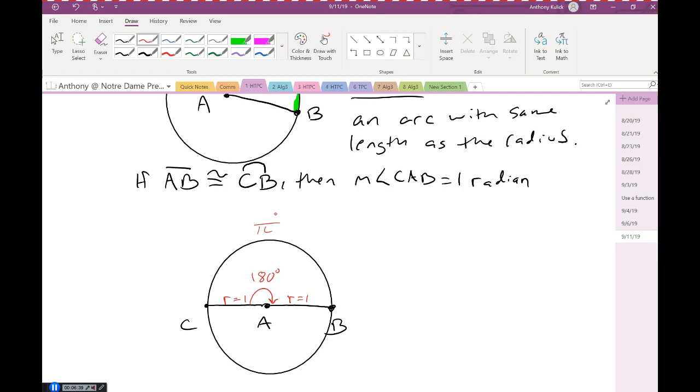So the whole circle is 2 pi. We're only talking about from C to B, so we're only talking about pi. Okay with that? So what I can say then is that 180 degrees is equal to pi radians.